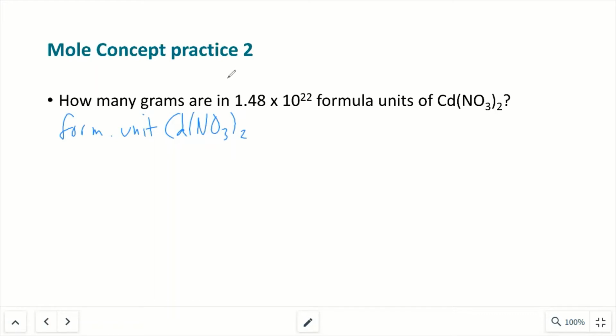Now, there's no direct conversion between formula units and grams, but there's an indirect conversion if I turn those formula units into moles and then turn those moles into grams using the molar mass of cadmium nitrate.